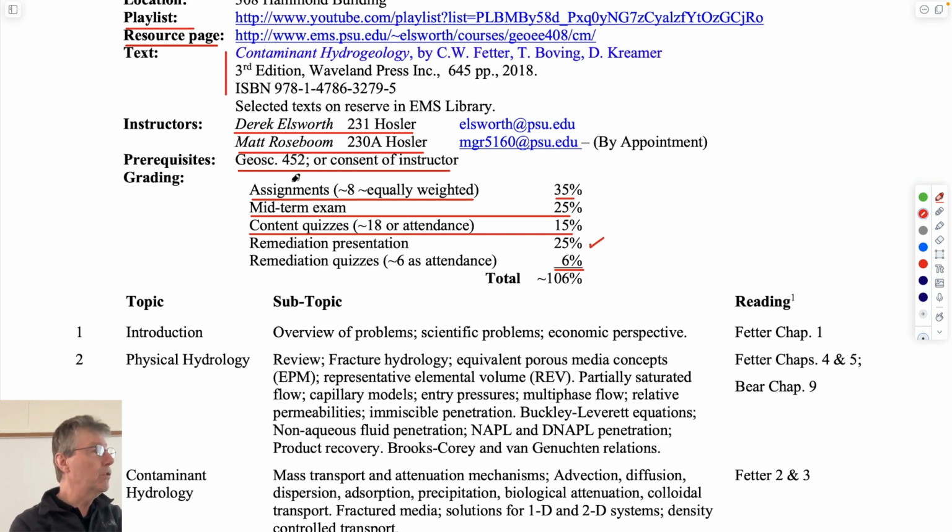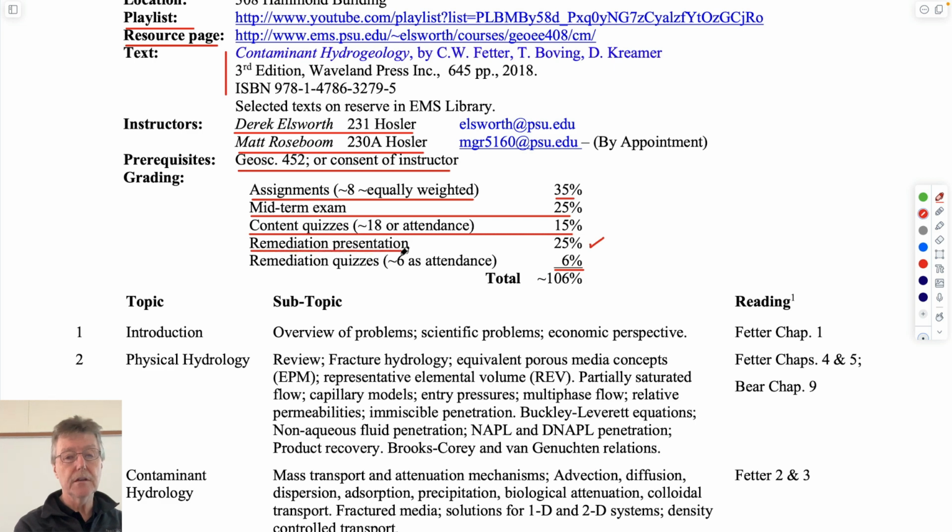So GSci 452 always used to be physical hydrology, physical flow of fluids. And so we're more interested in contaminant hydrology, tracking the motion of a fluid being advected by the motion of that water, and then how it travels in the subsurface, how it is transported by the bulk motion of the water, how it's attenuated by being sorbed onto the soil it goes past, and how it is diluted by diffusion, and what methods we might use to be able to remediate that.